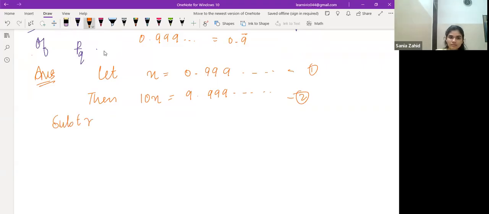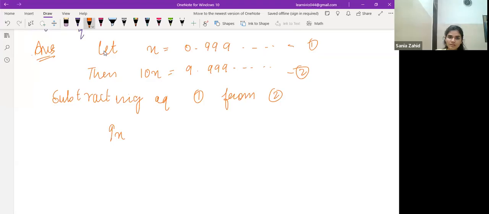Subtracting equation 1 from 2, what do we get? 9x is equals to 9 and thus x is equals to 1.